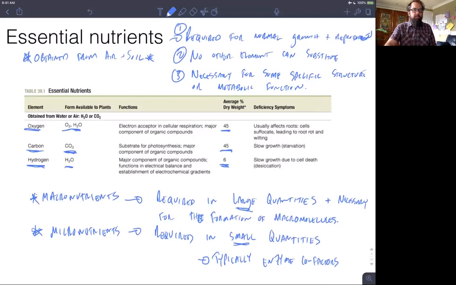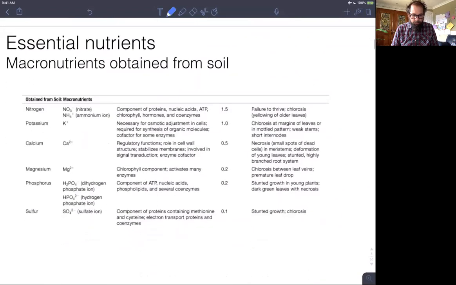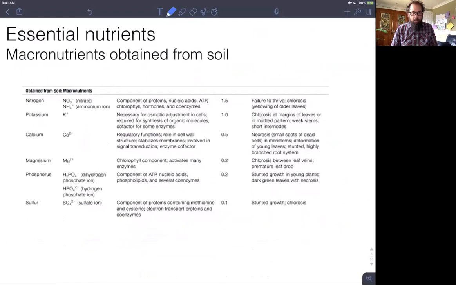And so I've already mentioned macronutrients hydrogen, carbon, and oxygen, mostly obtained from the air and also from the soil, from water in the soil. But we also have some elements that are macronutrients that are obtained from the soil.